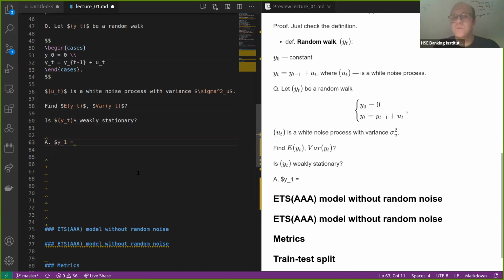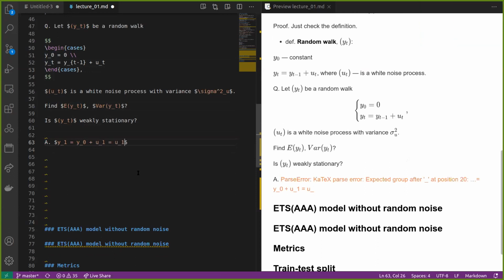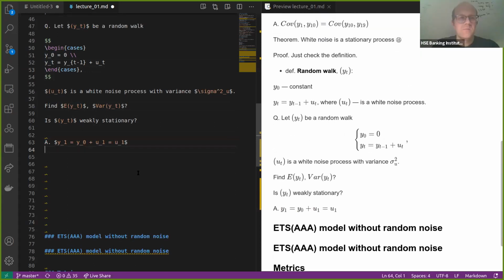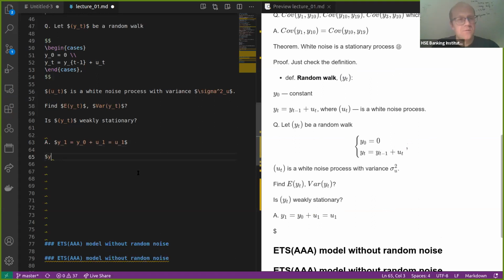Y1 is equal to 0 plus U1, simply U1. Okay. What is the value of Y2? Y2 should be equal to Y1 plus U2.